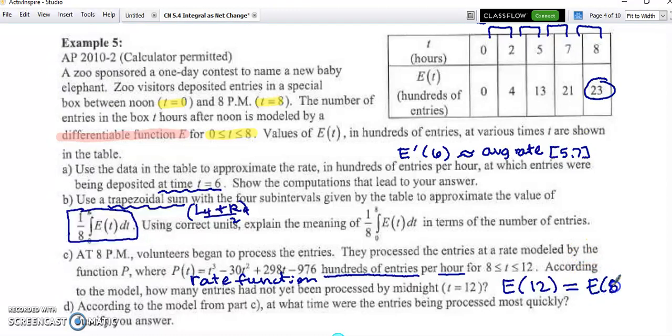So we'll take the E of 8 that we've had, and then we need to take out, okay? This is how many we're processing, and processing means take out. You're going to take out the net change between 8 and 12. And I'll let you figure out what should go in this position right here because of that.